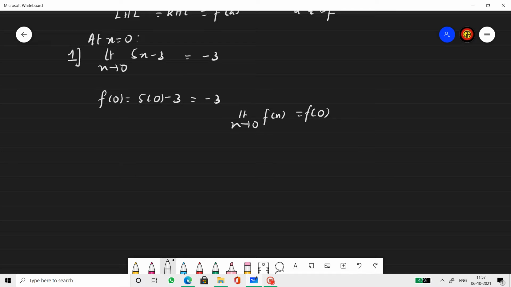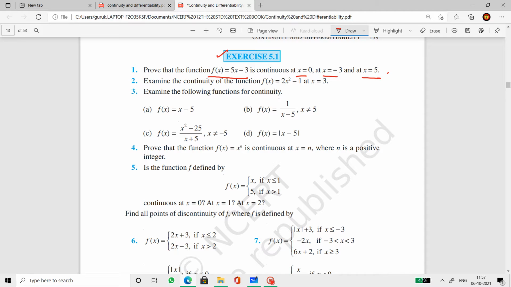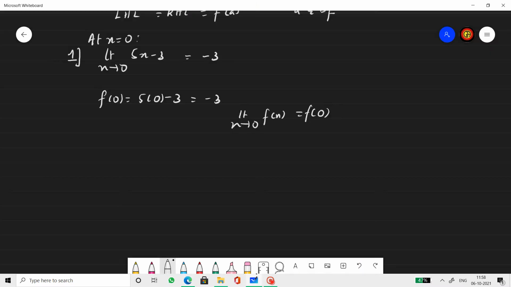We do the same for the next two numbers. I think they've asked for minus 3 and 5. We do the same thing, just the same way. At x equal to minus 3, limit x tends to minus 3 will be 5 times minus 3 minus 3. So minus 15 minus 3, that's minus 18.